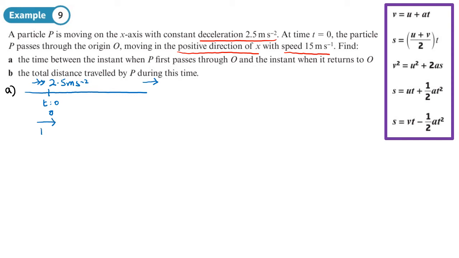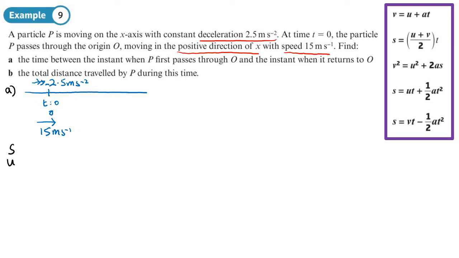So here we'll put 15 meters per second when it passes through O. Let's just add the minus to the deceleration. So like the previous example, it's slowing down, slowing down, slowing down, gets to 0, and then reverses direction.